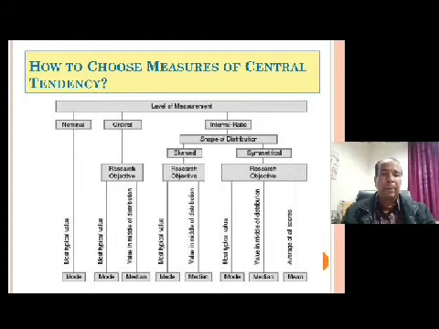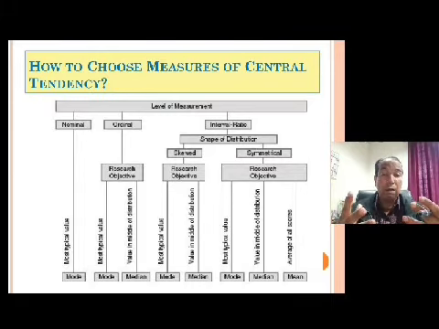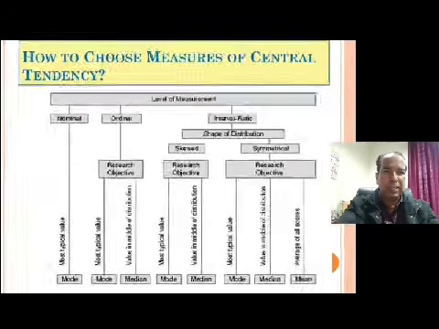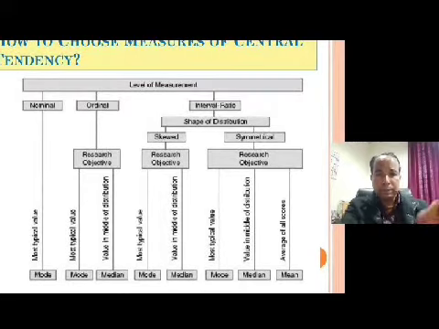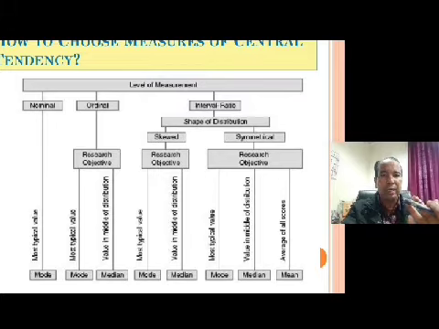Here we can see how we can choose a better measure of central tendency out of mean, median, and mode, based on the scale on which the data is collected: nominal, ordinal, interval, or ratio. When values are based on nominal data, mode is the only measure of central tendency that can be used.